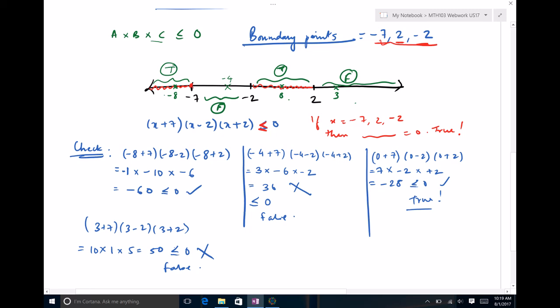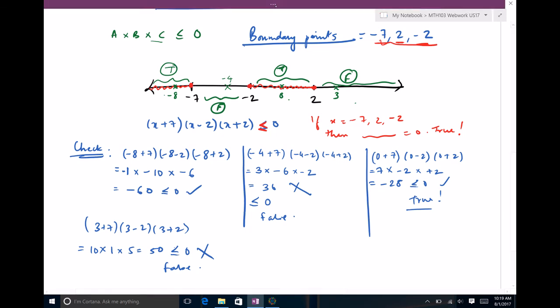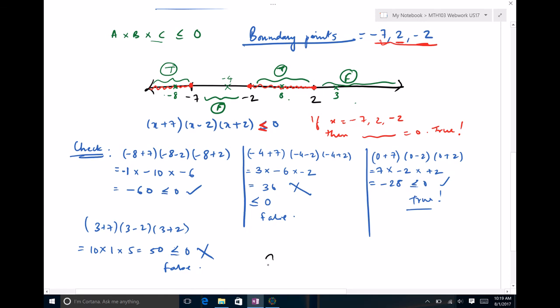So I'm going to have to also include all of these endpoints in my solution. And so that tells me that the solution to this inequality is all of these intervals. For this interval, I'm going to start all the way from negative infinity and come to negative 7. So negative infinity to negative 7.